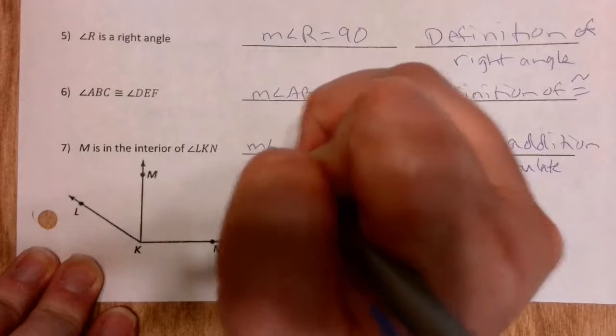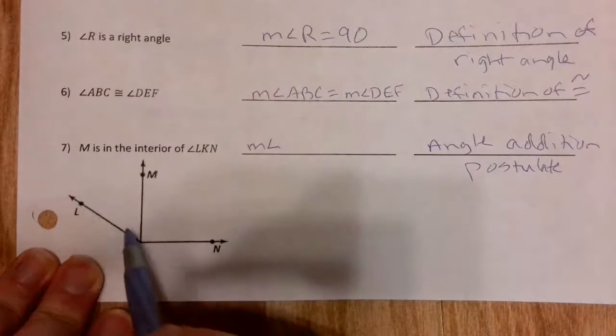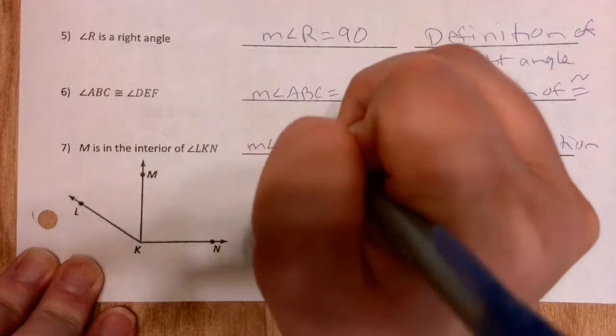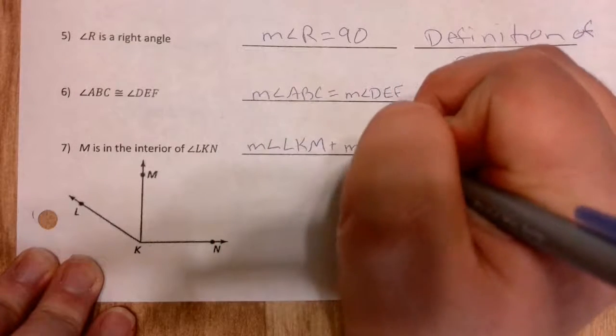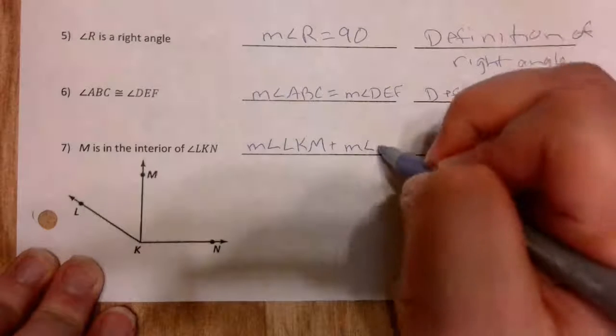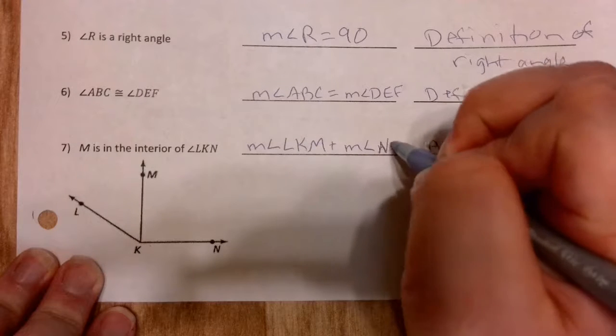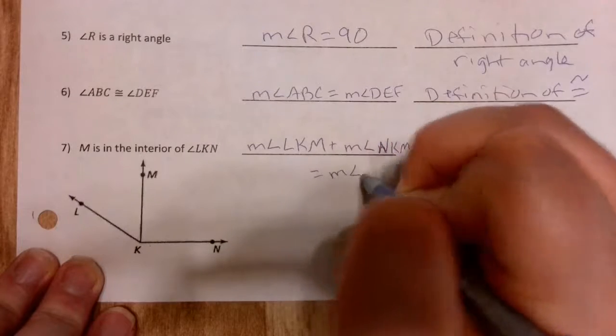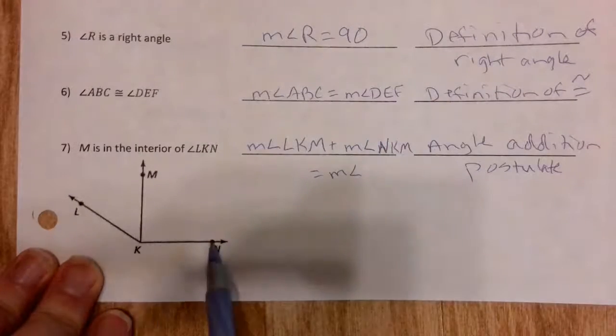So the measure of angle LKM plus the measure of angle NKM is equal to the measure of the whole angle LKN.